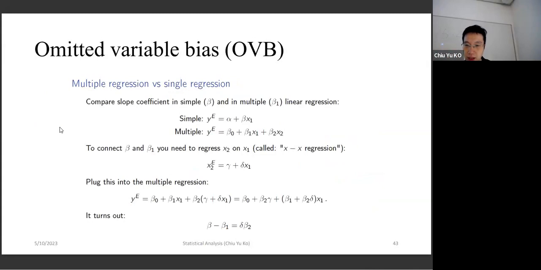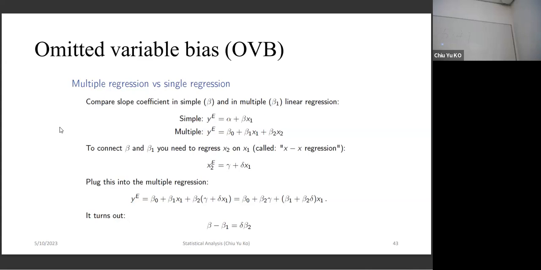Okay, and the only thing I want to mention here is what we call the omitted variable bias, which essentially says, suppose your true model should be this one, but you estimate this one.